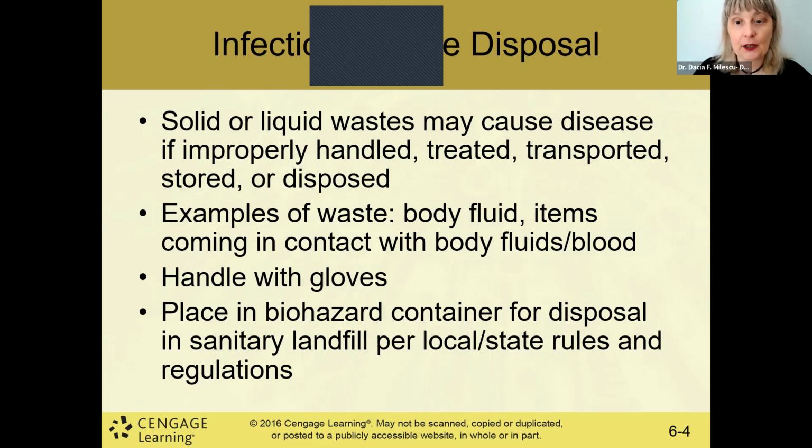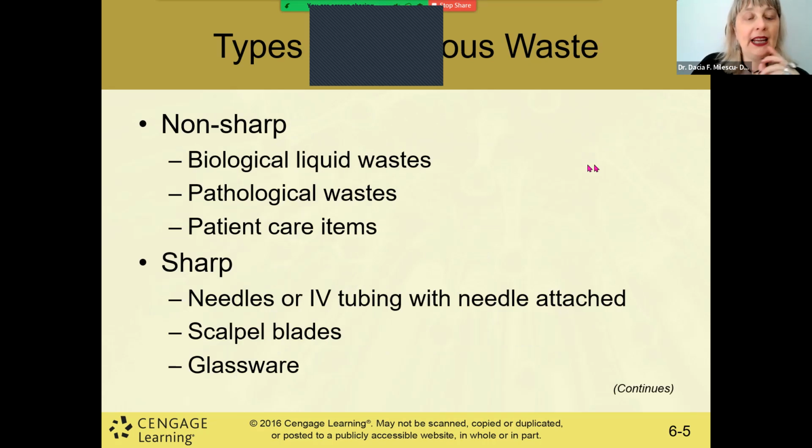Examples of waste are body fluids and items coming into contact with body fluids, super important. Handle everything with gloves, making sure that everything is in a biohazard container for disposal. Make sure that non-sharp objects are appropriately taken care of, for example, liquid wastes, pathological waste products, and patient care items, all of those that are non-sharp versus sharp.